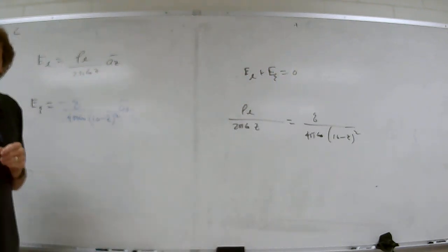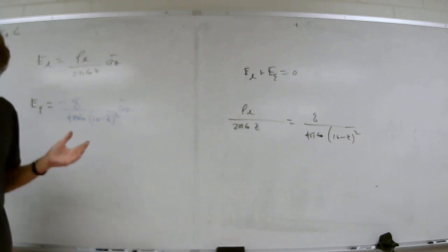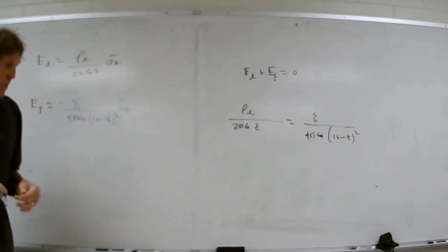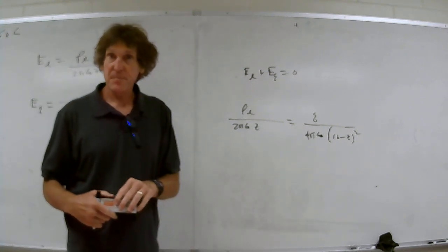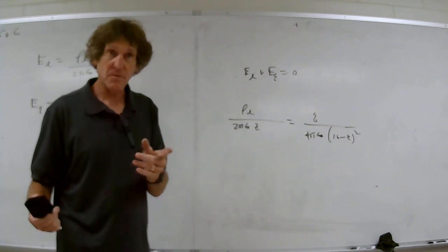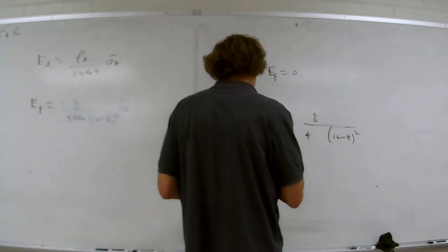And here again, I'm not doing anything fancy. I'm just going through the motions of equating. Everybody with me? One of the first things you'll notice is the epsilon naughts cancel and the pi's cancel, if you're honest with yourself, right? So I'm just going to get rid of the pi's and the epsilon.